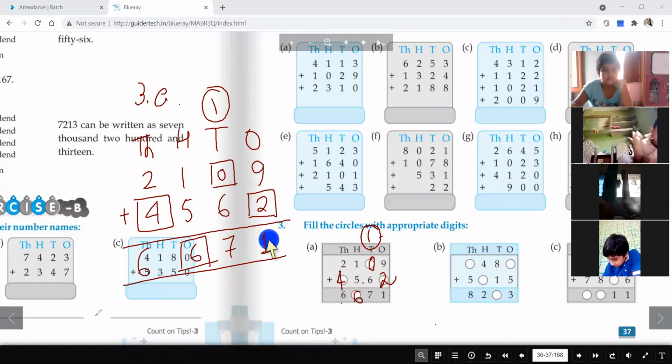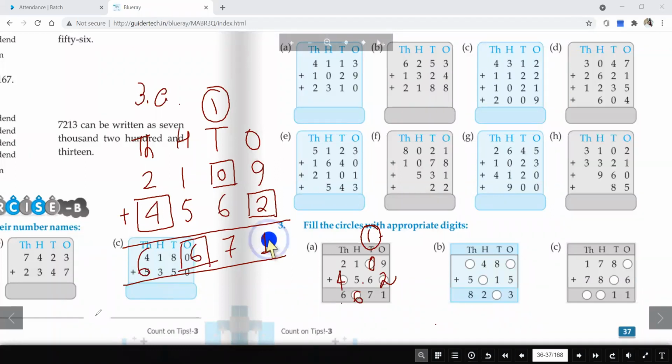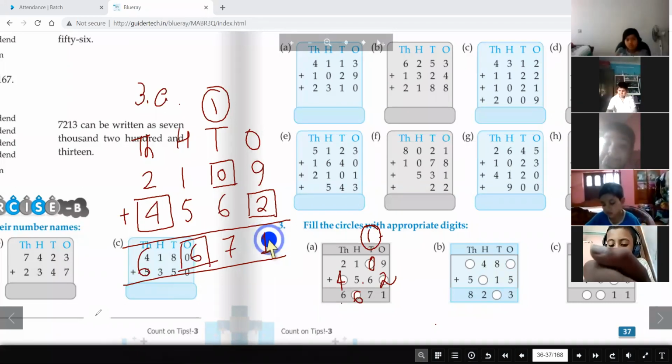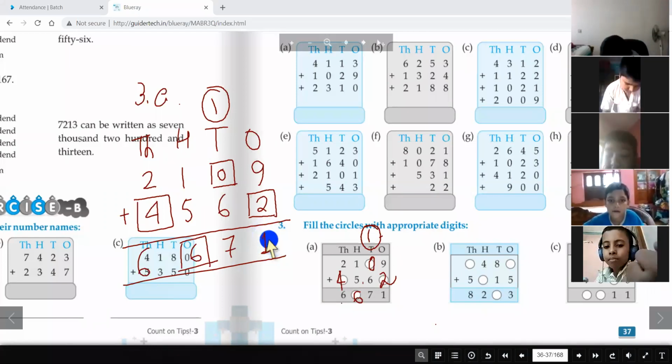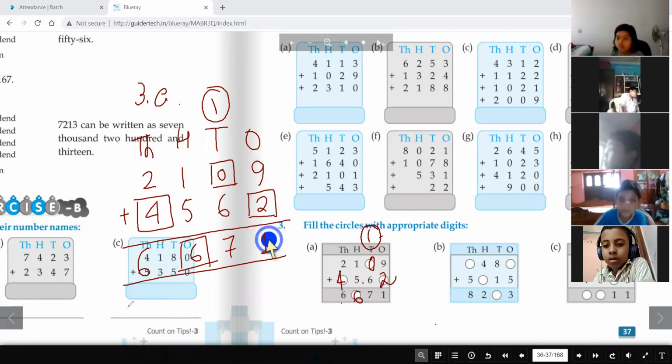Advika, you understood? Just show me a thumbs up or nod your head. Okay. Very good. Prakriti, you understood? And Priyam, lastly, you understood? Unmute yourself. Yes, okay, very good. I hope that everyone understood.